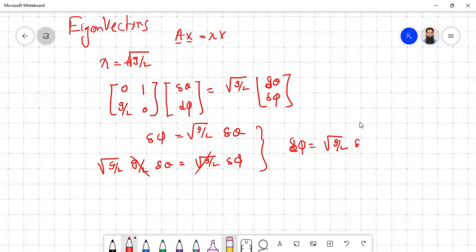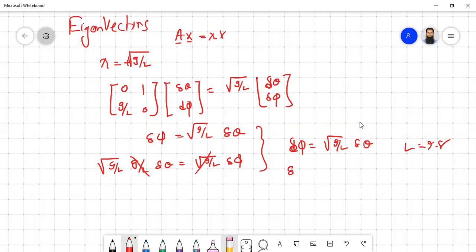Now root over g by L del theta sometimes may get us confused. So we're just assuming that the gravitational force is 9.8 meter per second square. So basically we can assume that the length is also 9.8, so just make it 1 so that our calculation becomes easier.